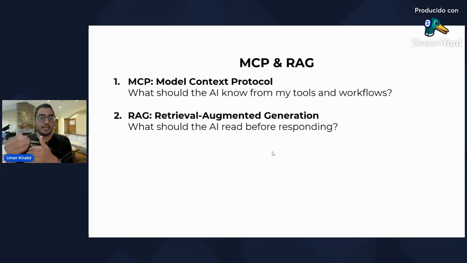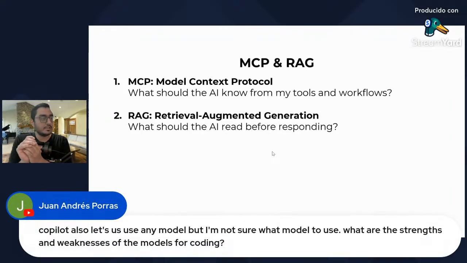What should the AI know from my tools and workflows before it gives you the output? That's MCP. The other thing is RAG. They are similar concepts, but RAG is about what the AI should read before responding. So there are similar concepts: MCP, Model Context Protocol, and RAG, Retrieval Augmented Generation. I would strongly suggest you learn these two topics.